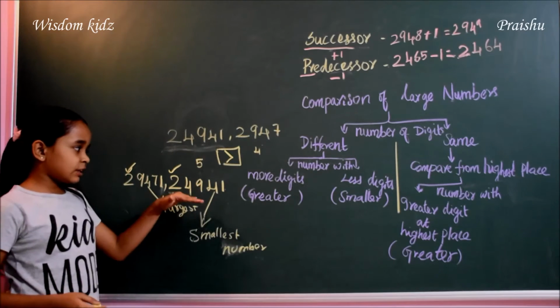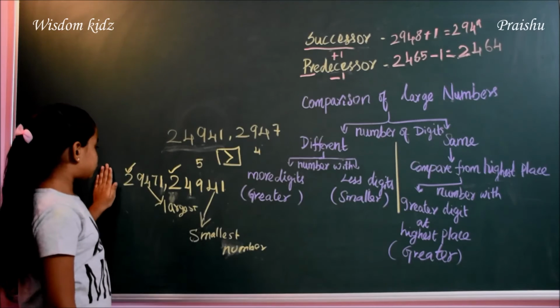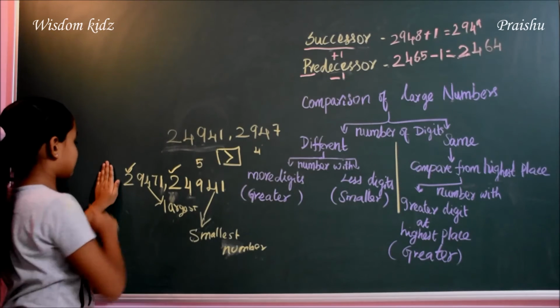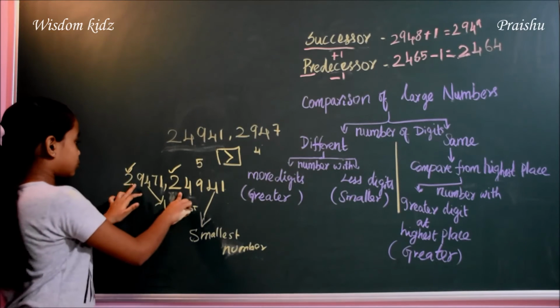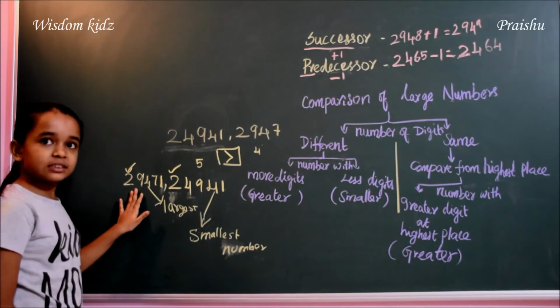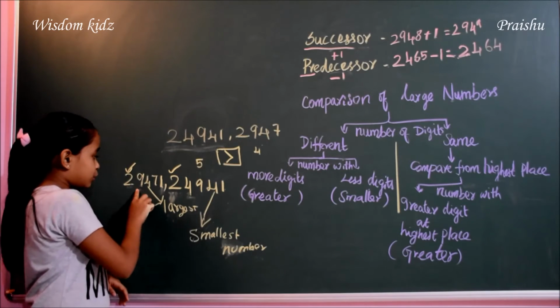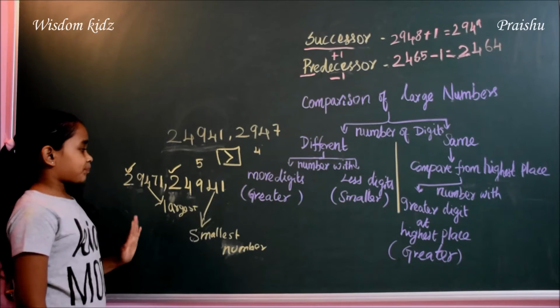So it is easy for us to find when you always start from your left hand side. See, I have started from my left hand side. So 2, 2, 9, 4. So 9 is larger than 4. Because of 9, this number becomes the largest number.